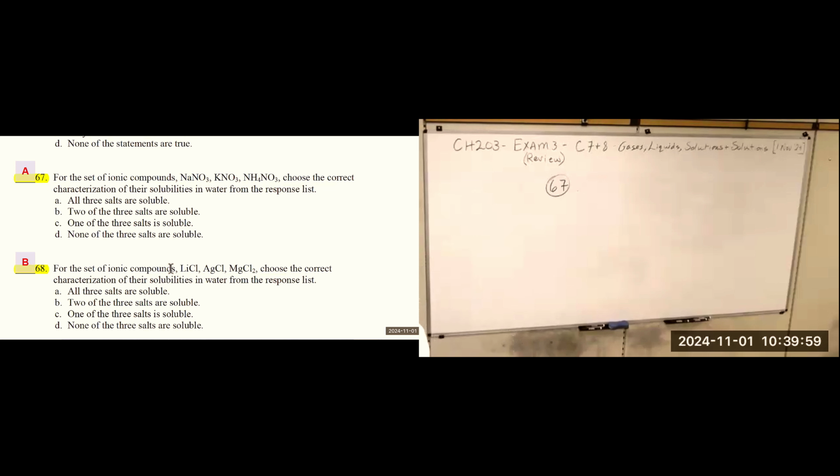If you look up nitrates and follow it across, all of them are soluble. That's one of the rules, right? If you were headed for a chemistry degree, I'd have you memorize the rules. But since you're not, I give you the chart. One of the rules is all nitrates are soluble, period. So all 3 salts are soluble, right?